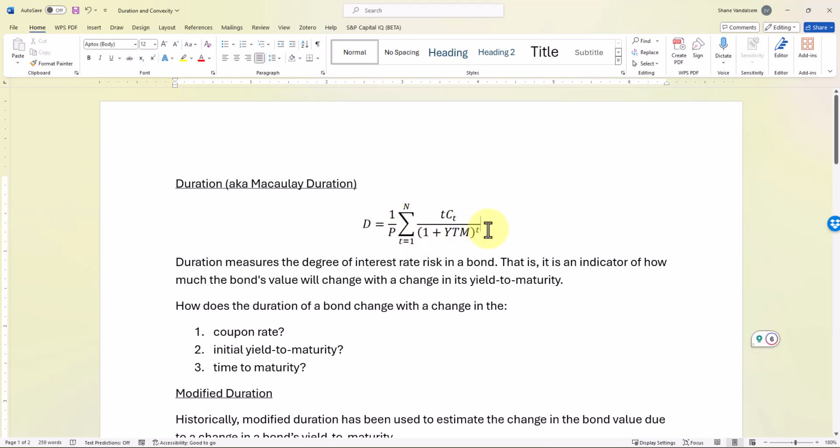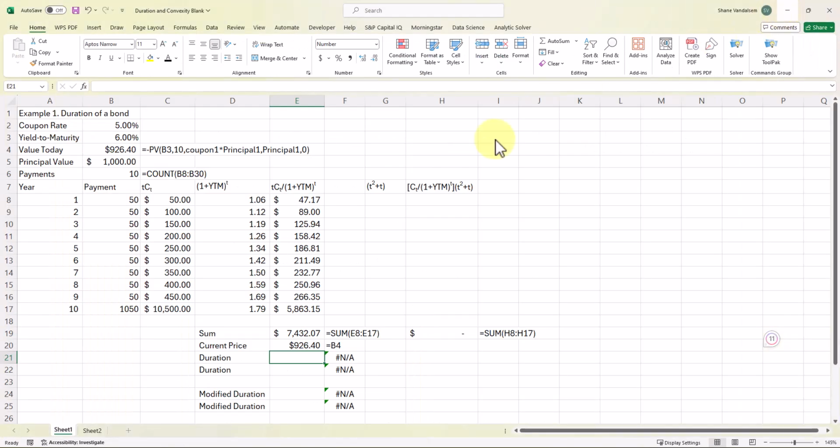So I'm taking this sum and I'm multiplying it by 1 divided by the price, or just taking the sum divided by the price would give you the same answer. We get a duration of 8.02, and this would normally be referred to in years, so 8.02 years.